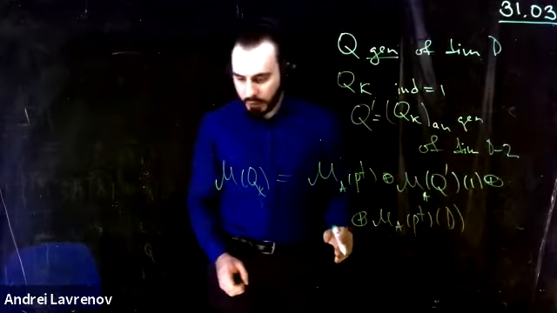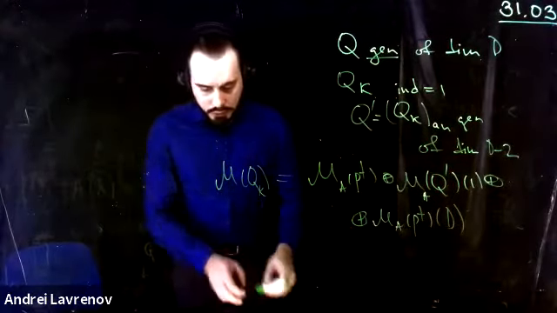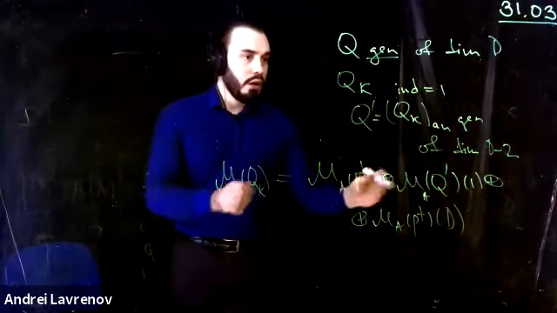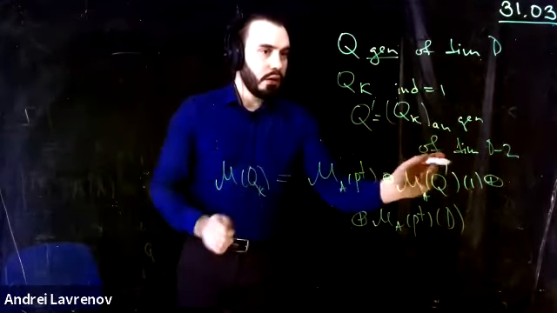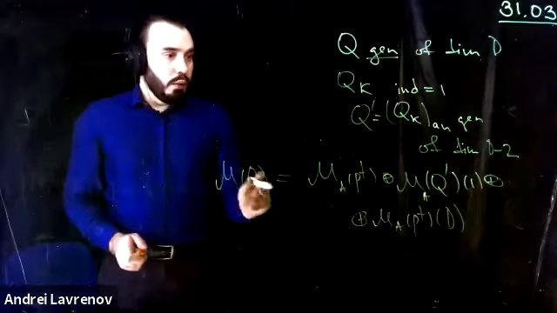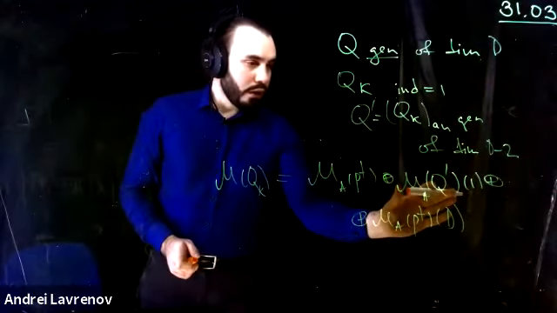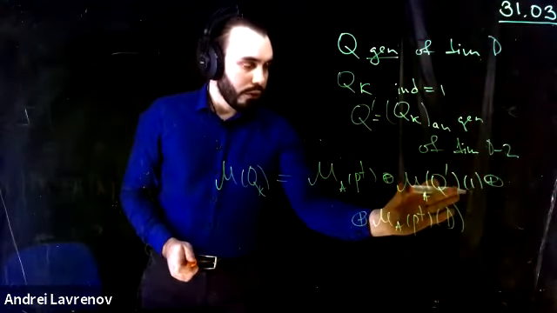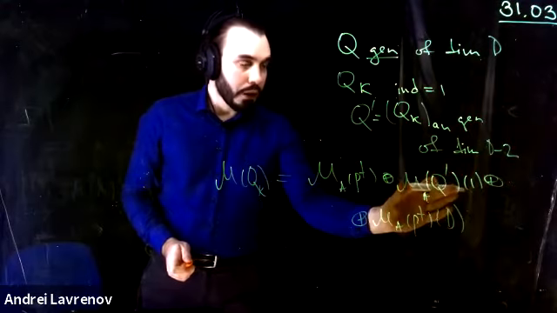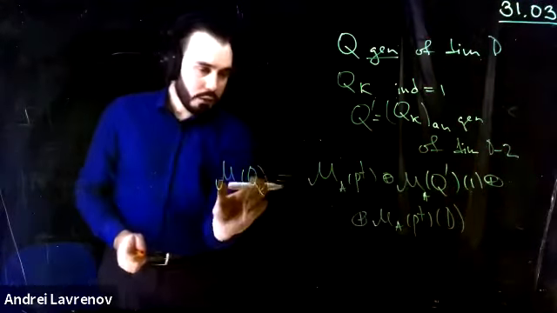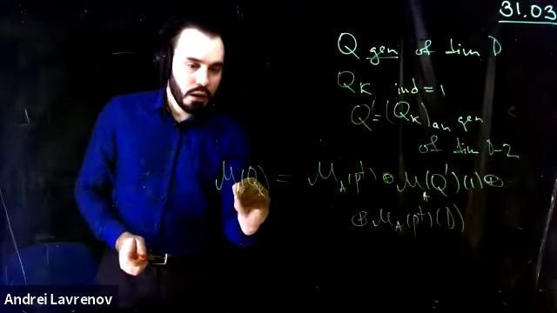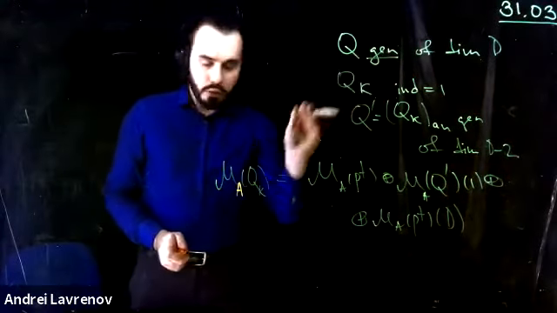So in fact, this means that if we prove that this quadric has an indecomposable summand of rank 2n or 2n minus 1, depending on the parity, then this one also should. Yes, because this one also should.